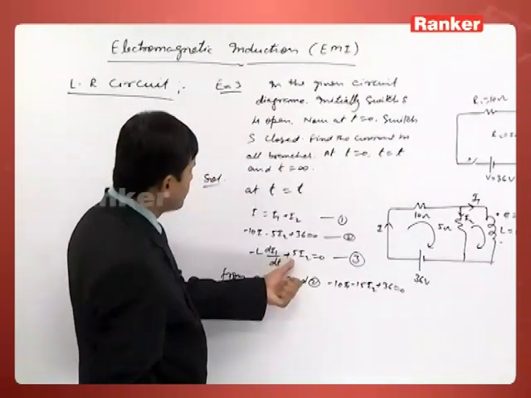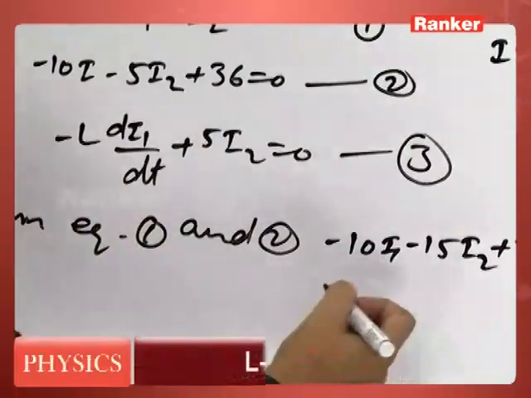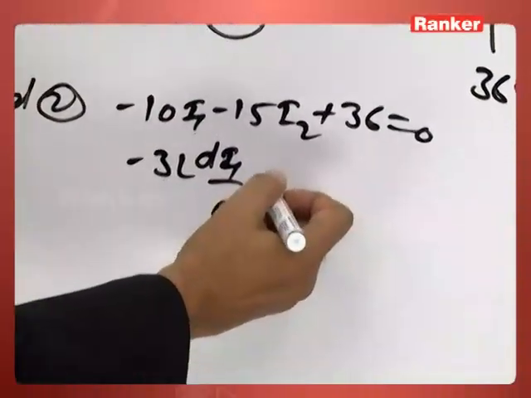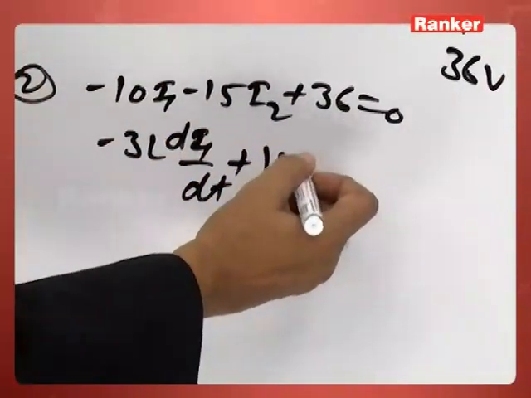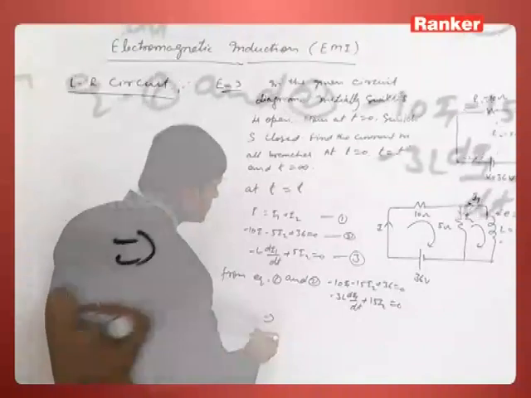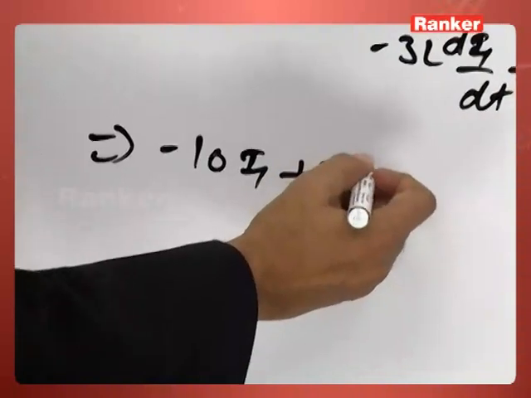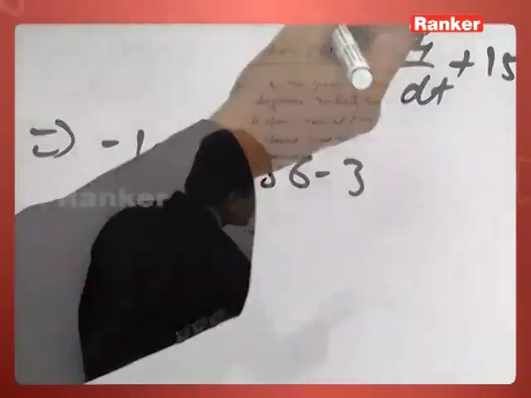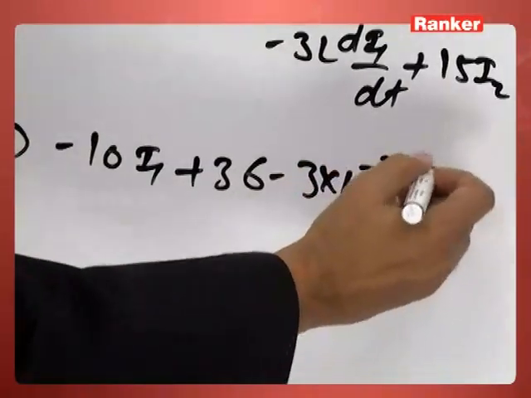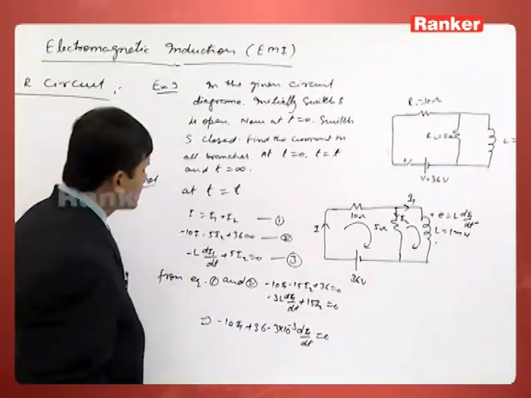And then from the third equation, we can multiply by 3, so minus 3L di1 by dt plus 15 I2, which is 0. Now we can add these two equations. When we add, minus 10 I1 plus 36 minus 3 times L, with L value 1 millihenry, 10 power minus 3, di1 by dt, which is equal to 0, and then we can simply integrate.